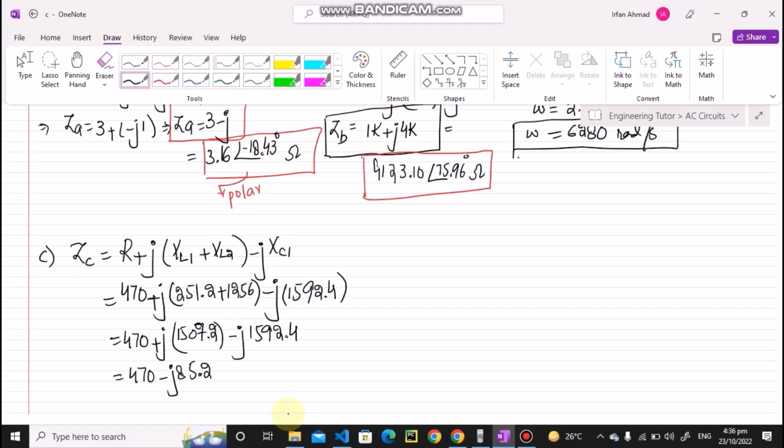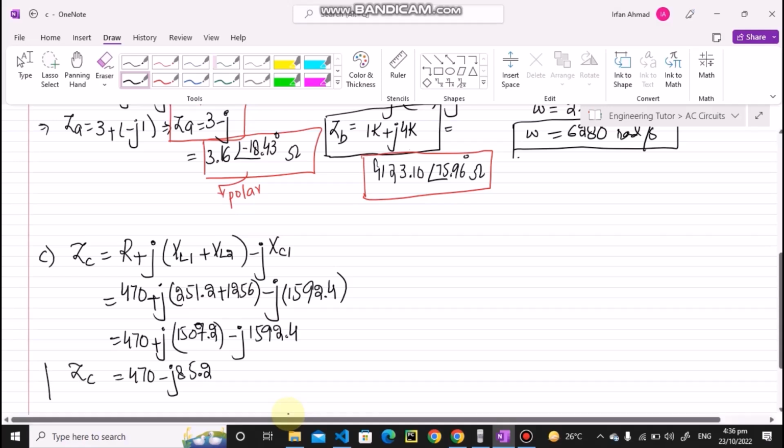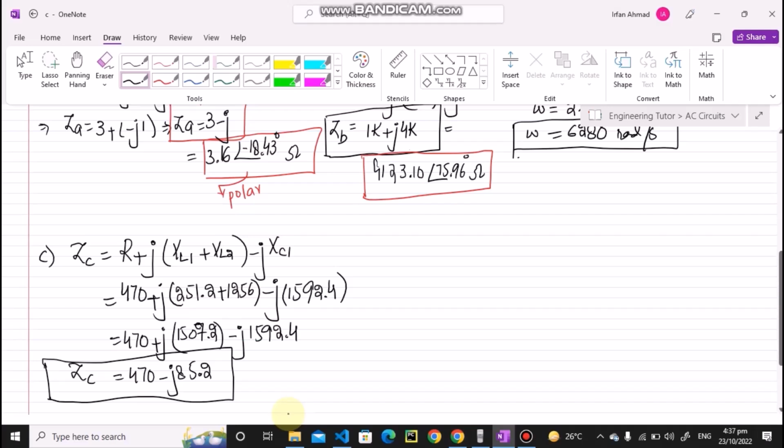So this is the value of ZC, and we can very easily see that the dominant term of j here is basically negative. So the nature of this circuit will be capacitive.